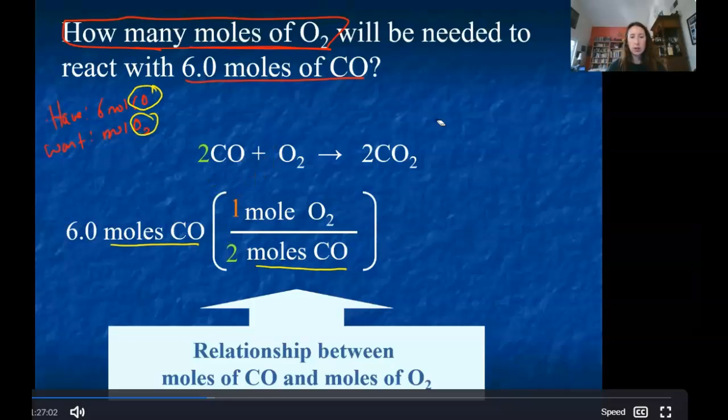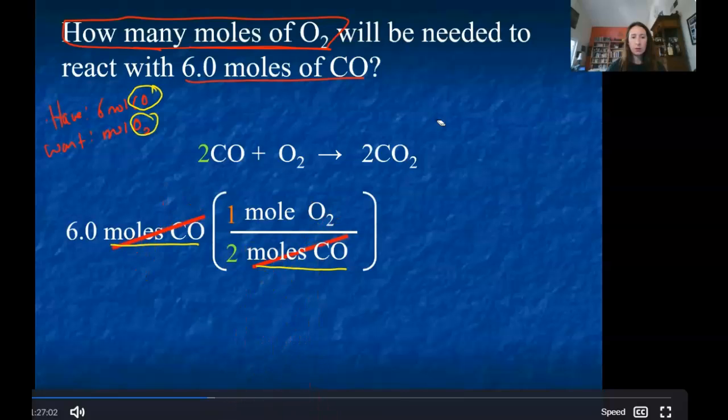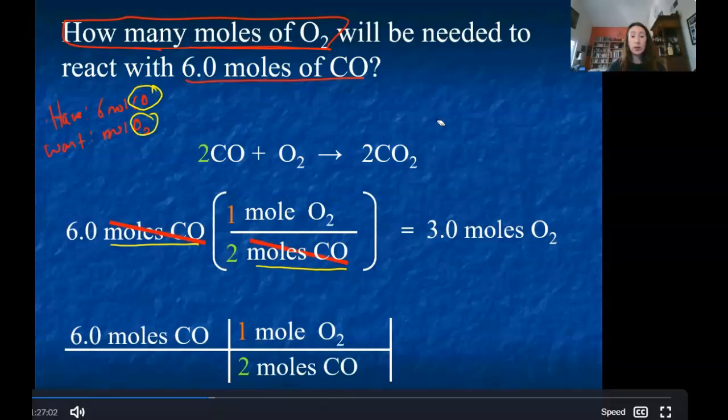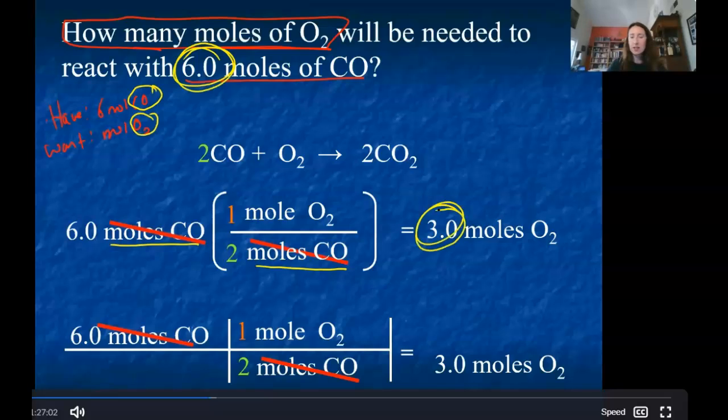So 2 COs to 1 O2, and we end up with 3. And again, when we do this, just remember our sig figs, right? 2 sig figs, 2 sig figs. And remember, if this was on your quiz or your exam, plus 2 points for the conversion.